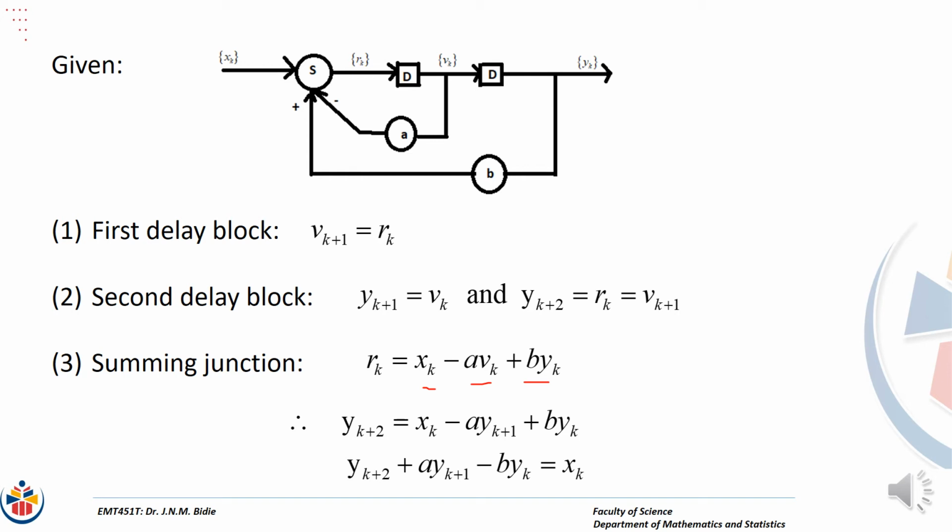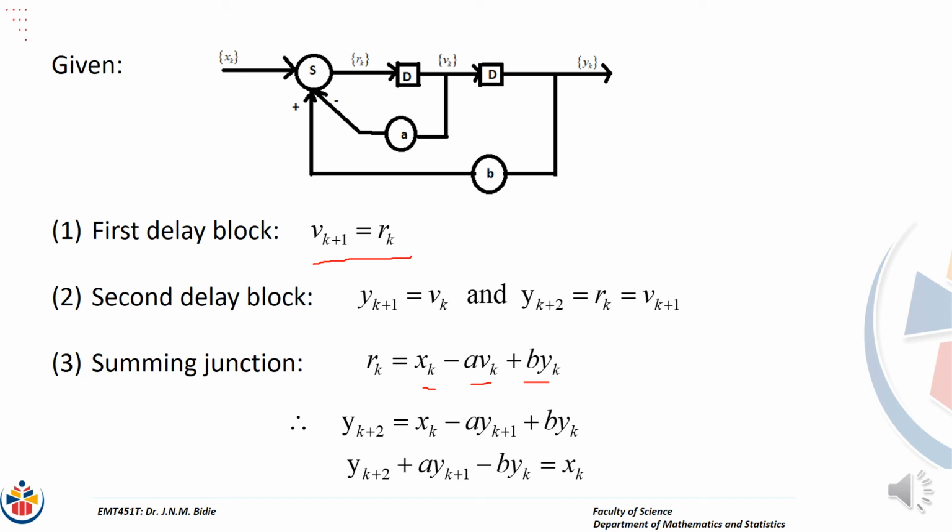Now we go back. Out of the first delay block comes out vk. So rk is equal to vk plus 1. That's what we have. Rk equal to vk plus 1. Out of the second, we have vk equal to yk plus 1.